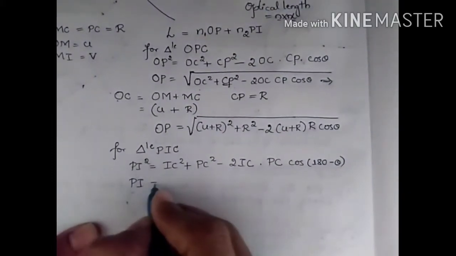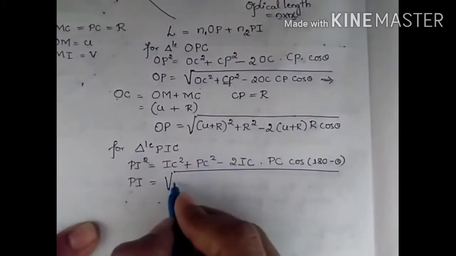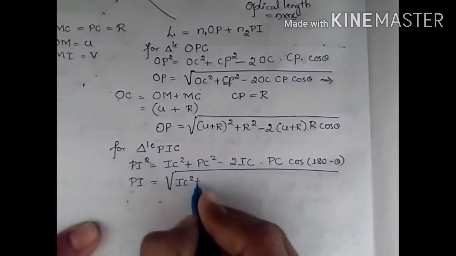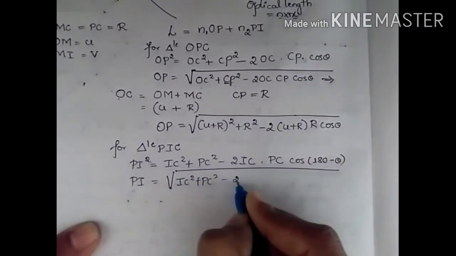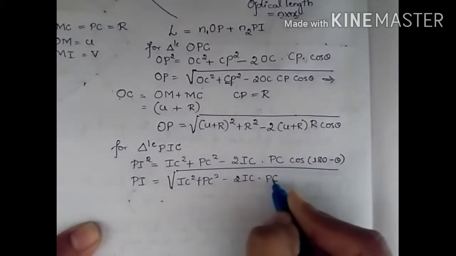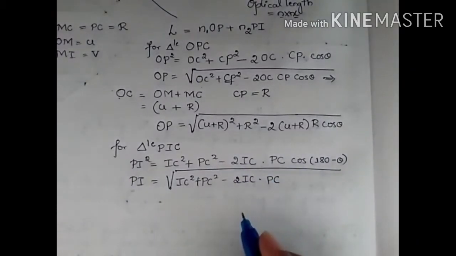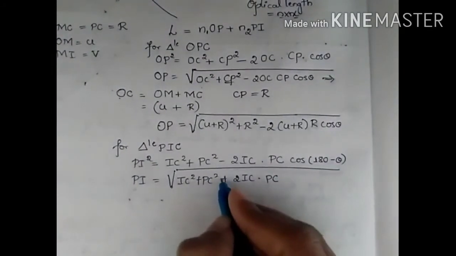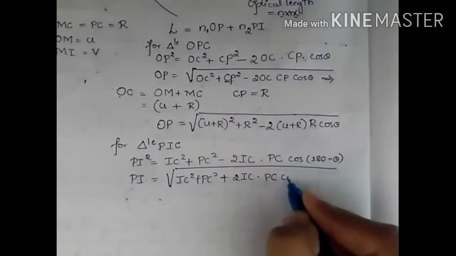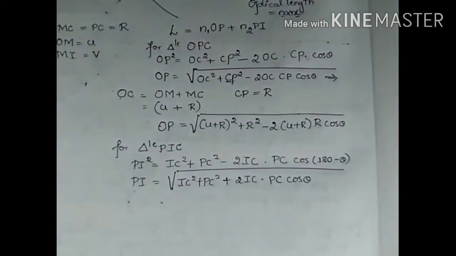So PI will be root over IC square plus PC square minus 2 IC PC cos of 180 minus theta. Cos of 180 minus theta will be minus cos theta. If you multiply by minus, this becomes plus cos theta.